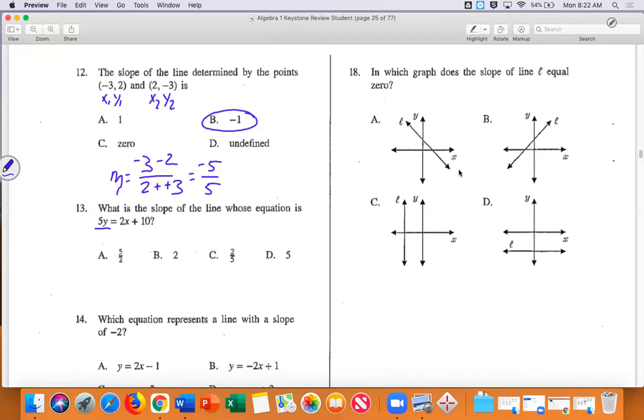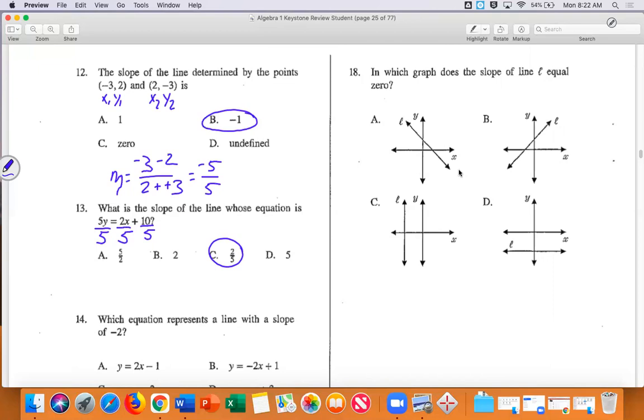How do I get rid of that times 5? How do you undo multiplication? Divide. So which one has 2 over 5 as my answer? A, B, C, or D? So remember, for these, you have to get y by itself.